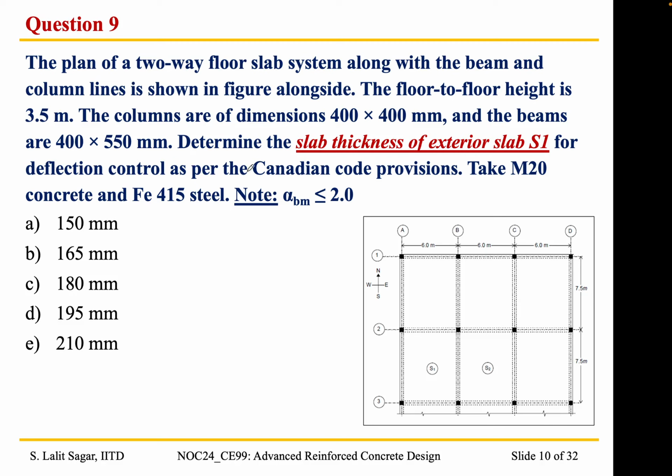Okay, so first we'll find out the value of alpha bm. Start with alpha bm is equal to 1 by 4 into, we will start adding the alpha b value for each beam, 4.807 plus 2 into 2.4 plus 3.0.